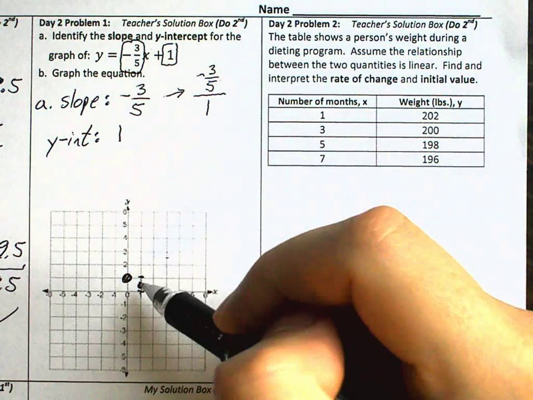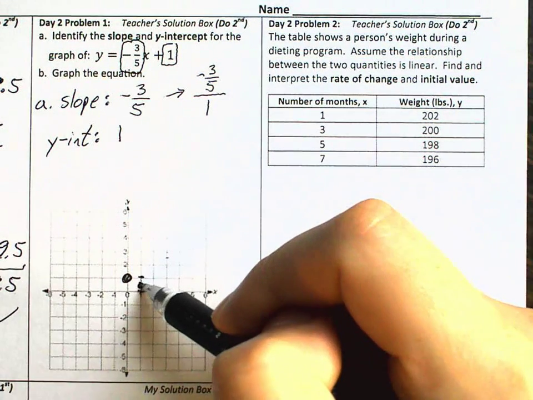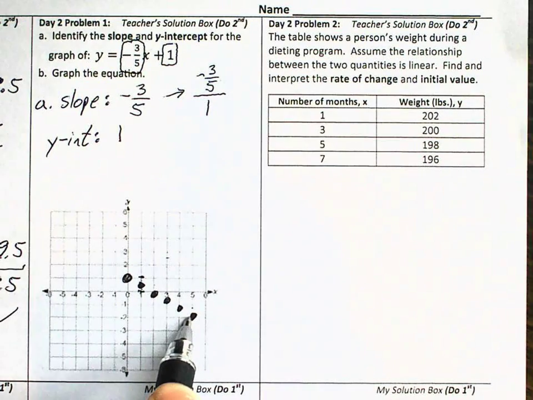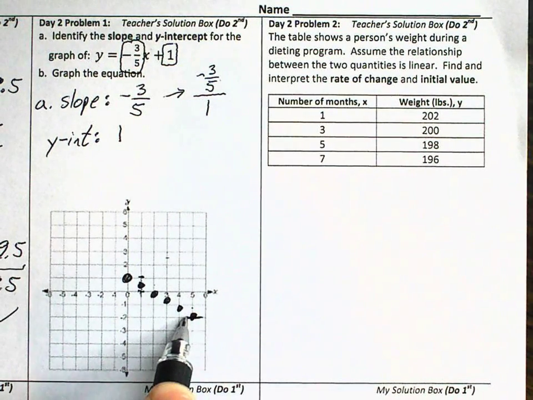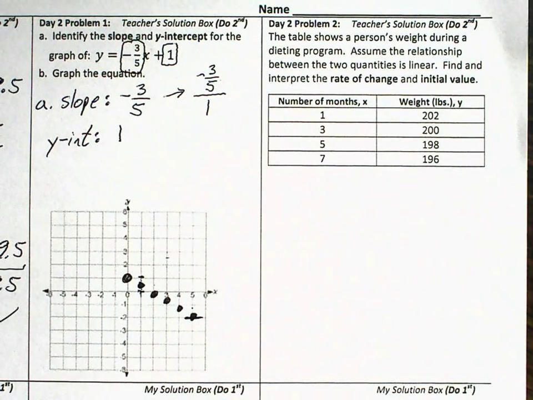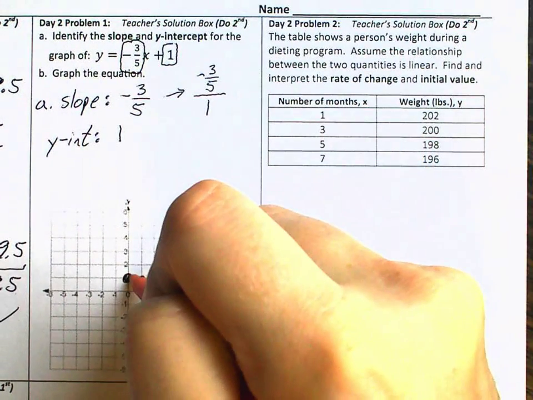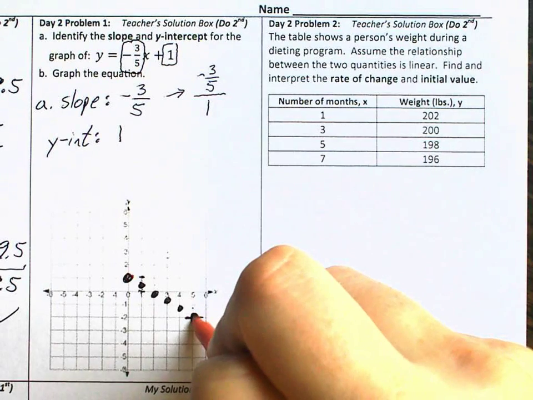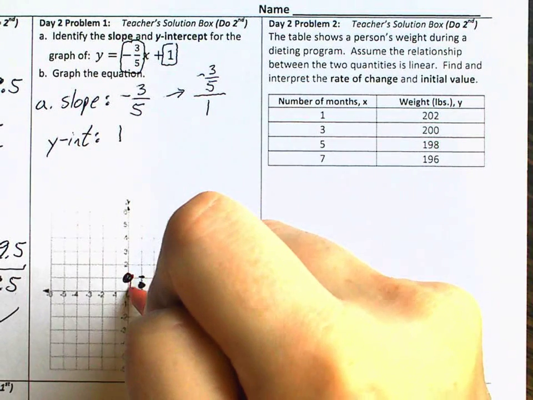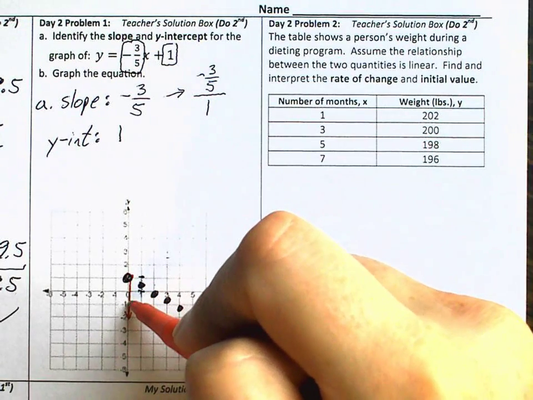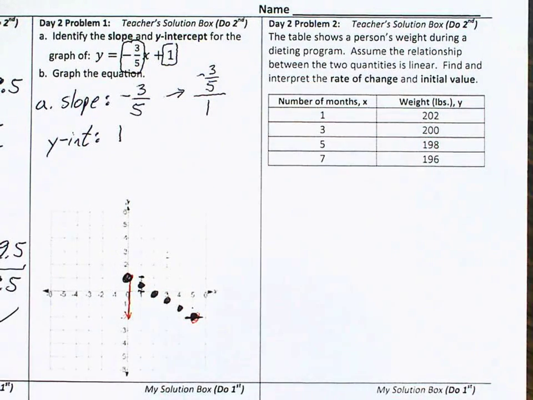notice what happened when we repeated this process 5 times. We ended up back on a grid line, not somewhere in between the grid lines. And compared to the original dot, let's look at how much change has occurred from this dot to this dot. The y value has decreased 1, 2, 3 spots.